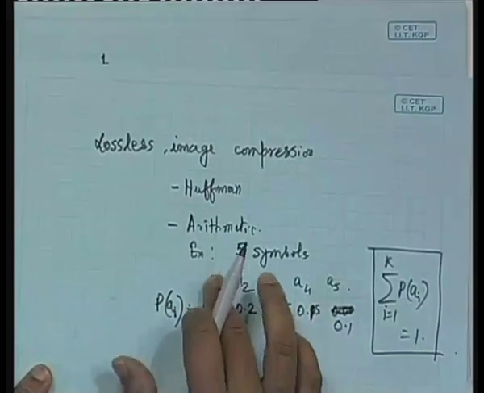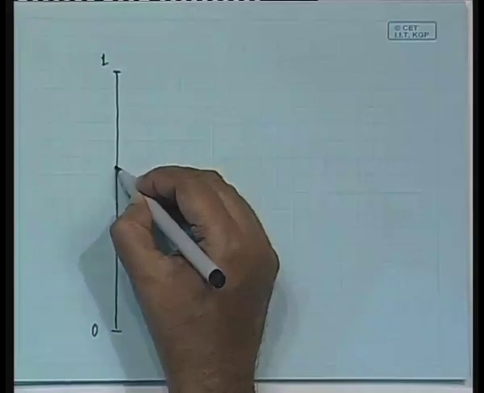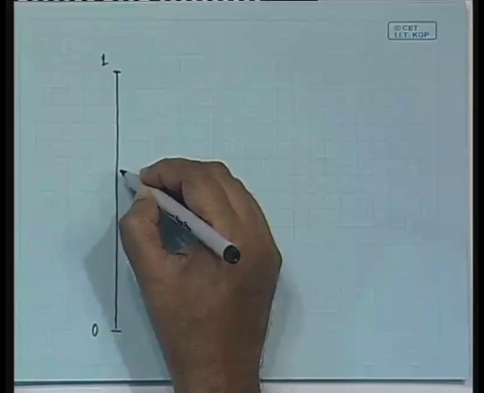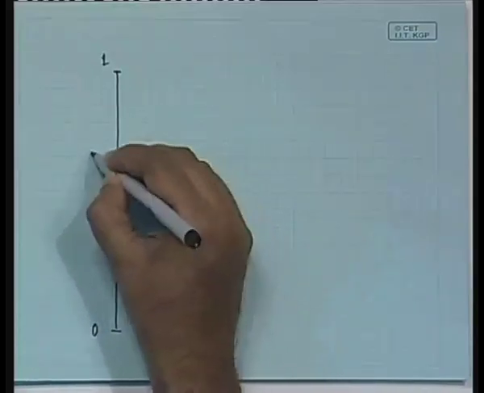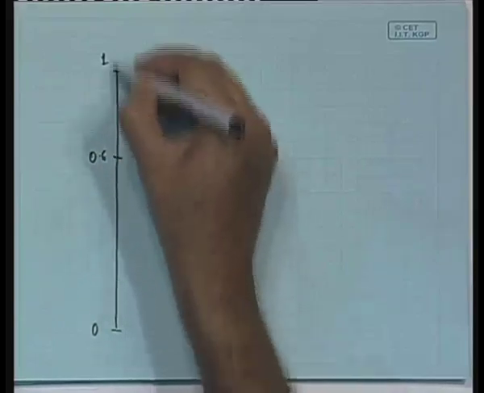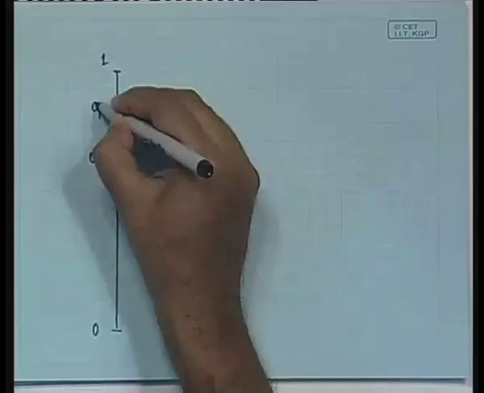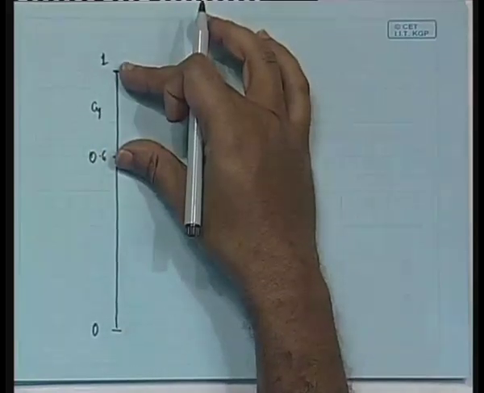So 0.4 is for A1. So we cut out this part, say 40% of the length. Let's say between 0.6 to 1, this we can call A1. So A1 will be represented by this subpart of the line.